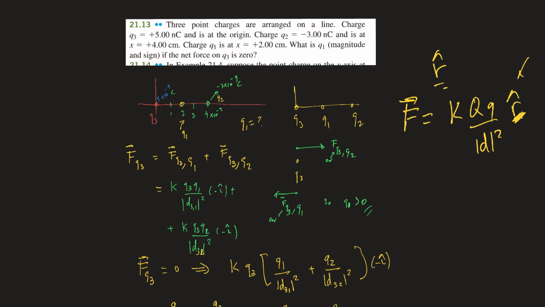So what will be the force acting on Q3 due to Q1? K by Q3, no doubt, by Q1, but I am not touching the values here. If Q3 is positive, I will plug in a positive value.